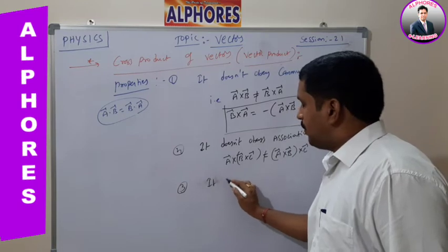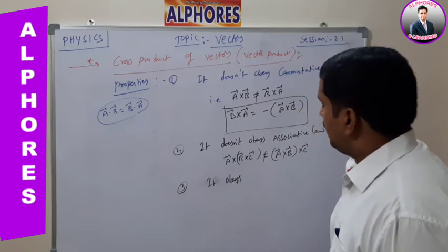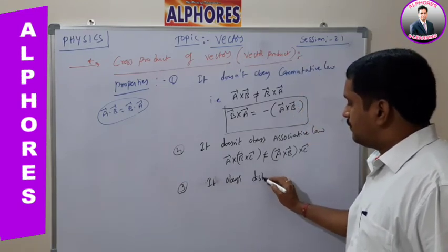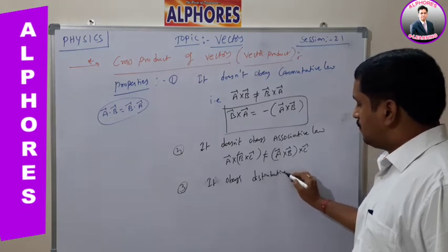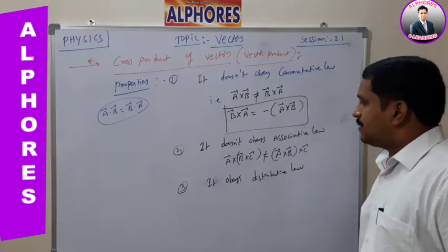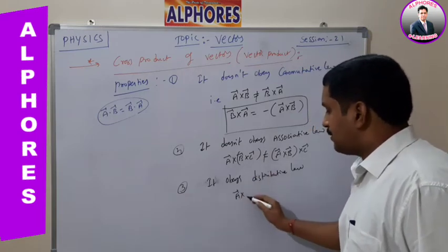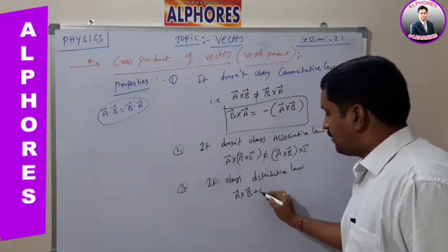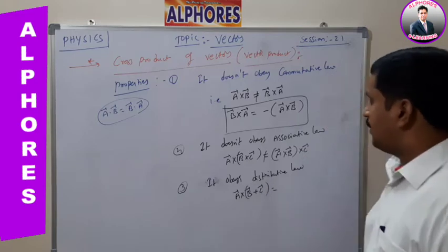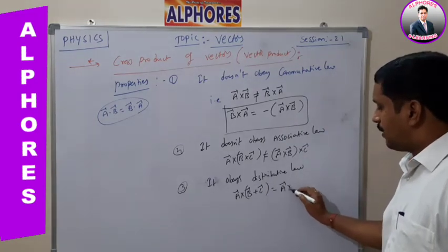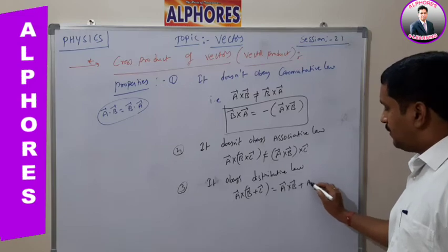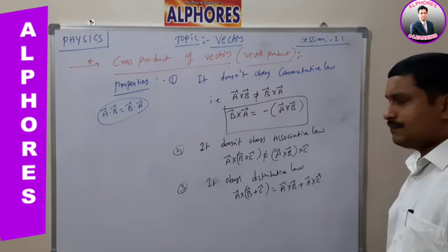Now again, it obeys the distributive law. So these are the three basic properties of this cross product. Here I am taking three vectors: A bar cross B bar plus C bar is equal to A bar cross B bar plus A bar cross C bar.